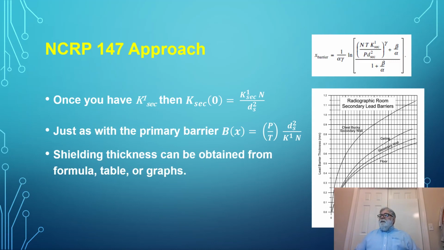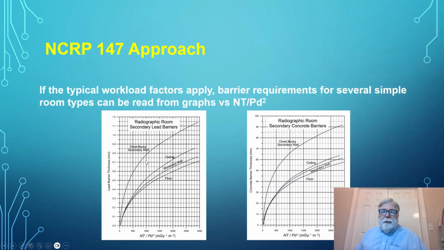If we know the NT P over PD squared, we can go up to the curve that has the kind of barrier we're dealing with, and then move across laterally and find out how much lead is required, just like we did before. So that's the same thing we did before for secondary radiation.